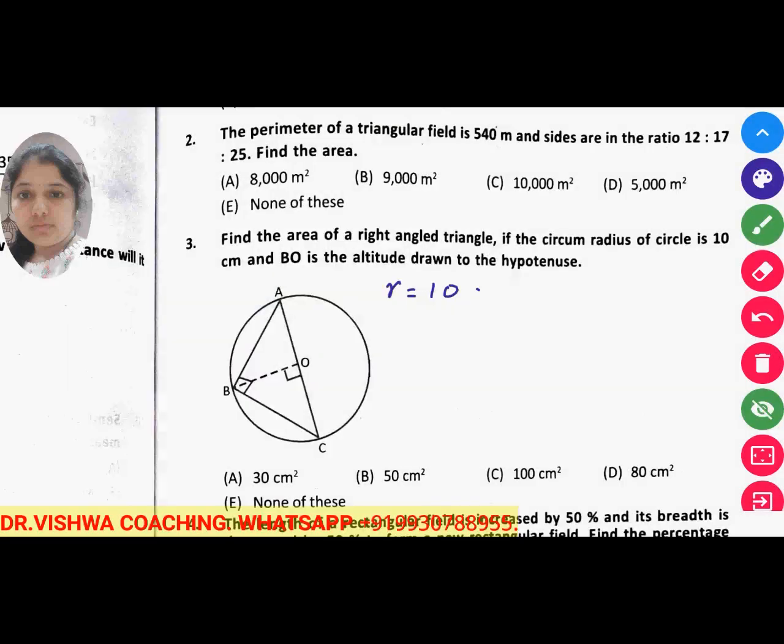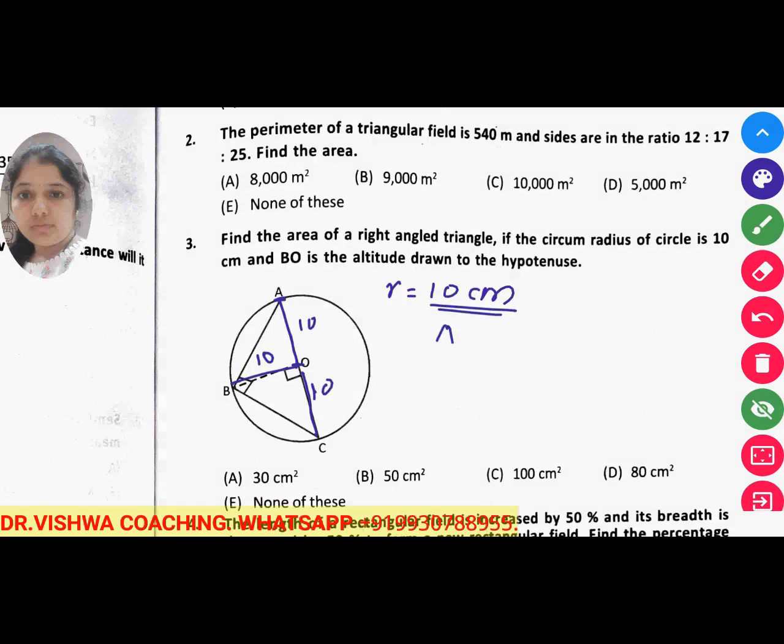So R is 10 centimeter. Now R means radius is 10 centimeter, means this distance is 10 centimeter. OA, OC and BO, all the distances are 10 centimeter. So this is 10, this is 10 and this is 10.